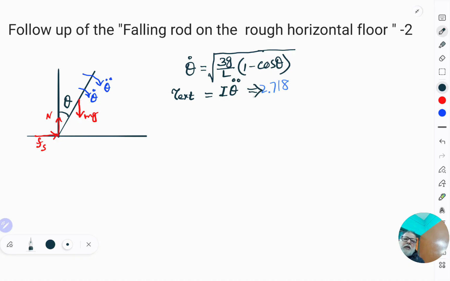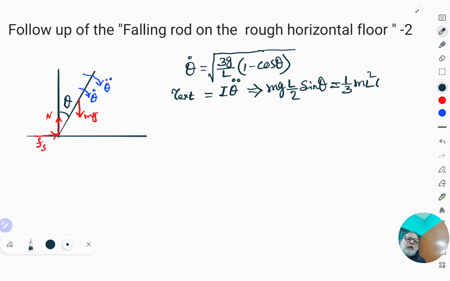In our particular problem, torque about the axis of rotation is only produced by mg, and that is equal to mg into L by 2 sine theta. That should be equal to I theta double dot, and I is 1/3 ml square.